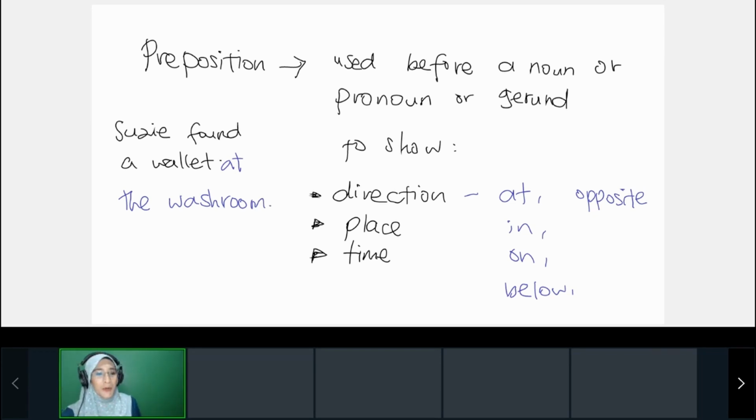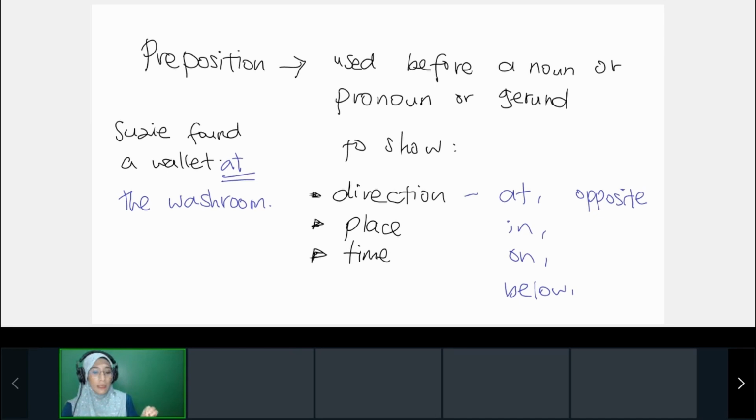So now we know the location or the place it is found. At the washroom. So you have to know that when you use at, you are specifically locating the place. You are specifically mentioning you found it there.